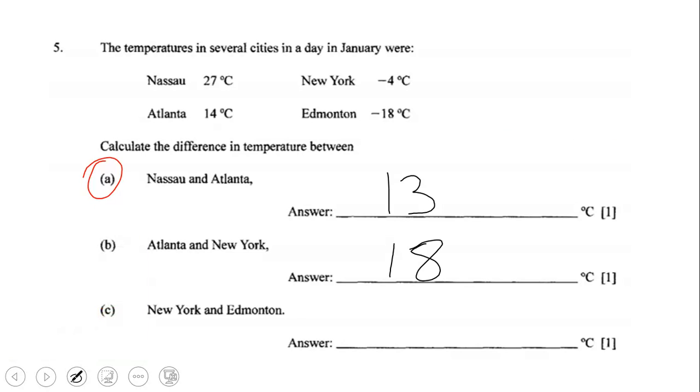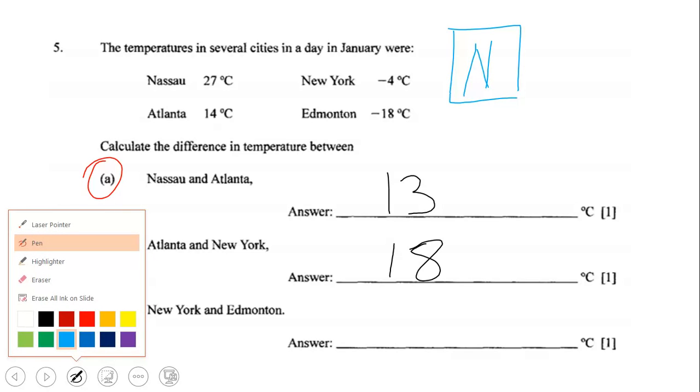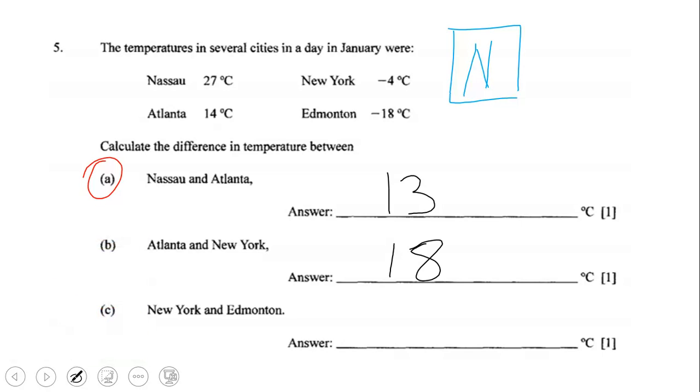So we need to determine the temperature of New York. Next, we need to determine the temperature of Edmonton. And then when we have found those two values, we perform the subtraction.